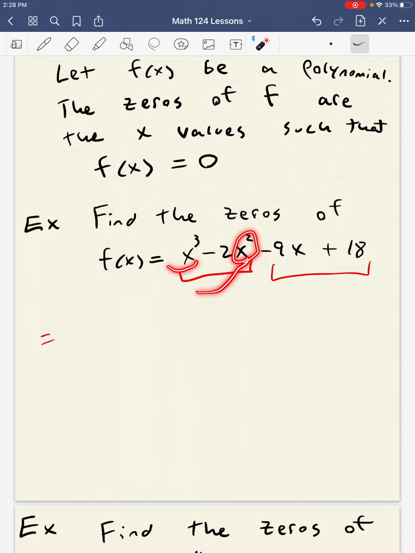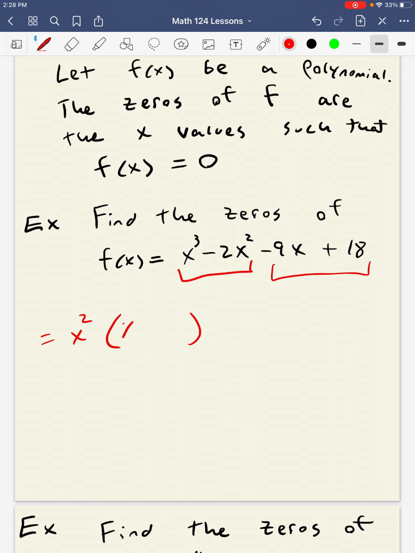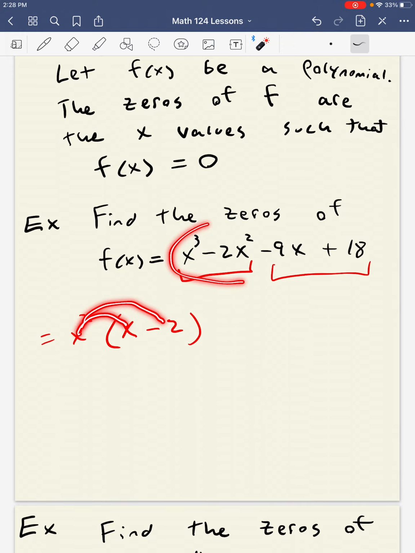I could pull an x squared out of both of those terms and would be left with x minus 2. If I multiply the x squared back in, I would arrive where we started.